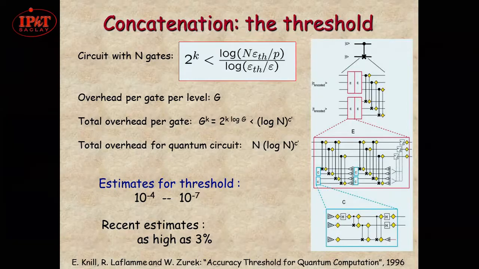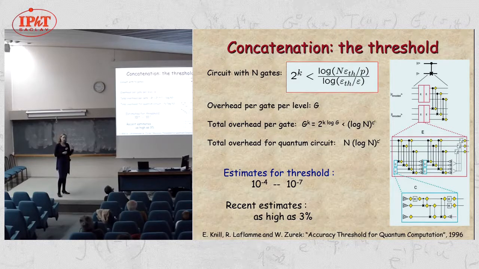And, as I said, this is an active area of work: to make theoretical constructions that have a high threshold, because you want the threshold to be higher than what an experimentalist can achieve in the lab. The early estimates were extremely low, like 10 to the minus 7. Anybody working with qubits in the lab will tell you this is not realistic.